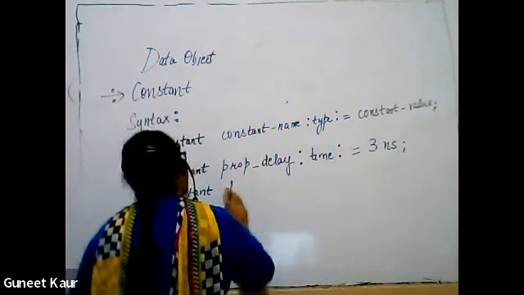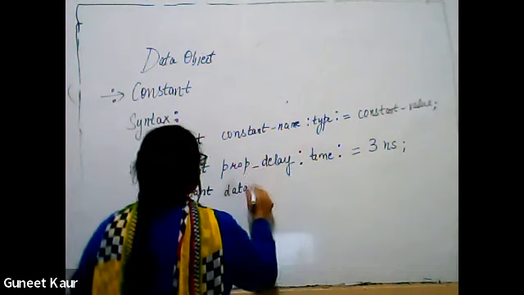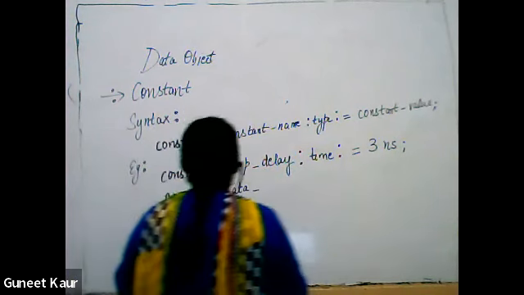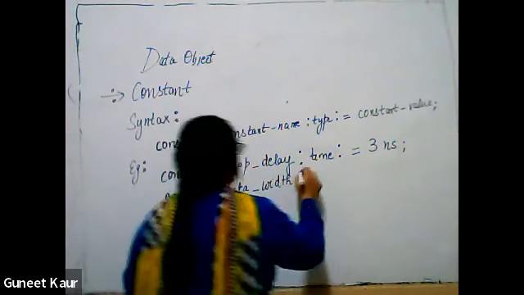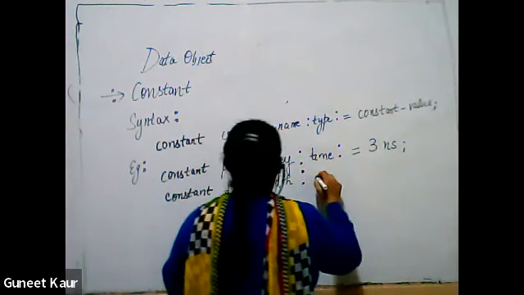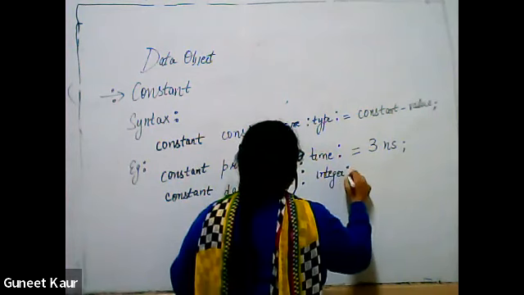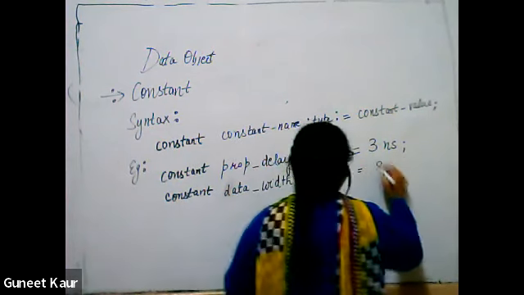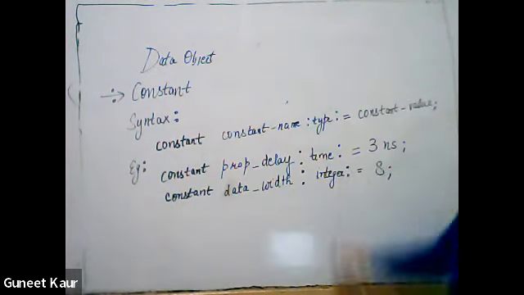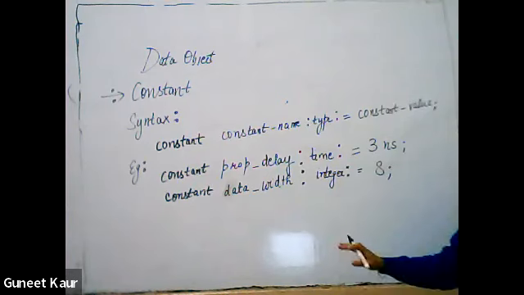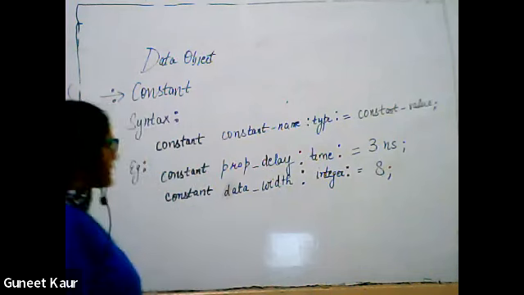Data_width, here it should be underscore, not hyphen, colon, integer, colon equal to 8. Okay, these two are the examples for the constant data object.